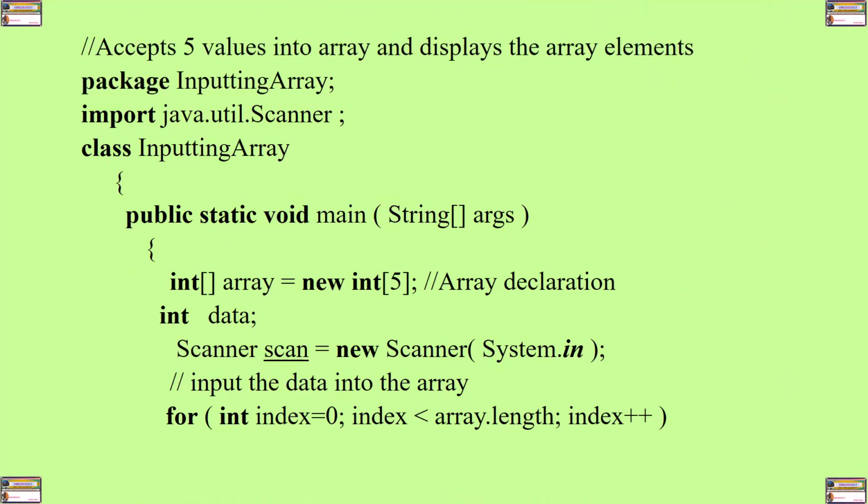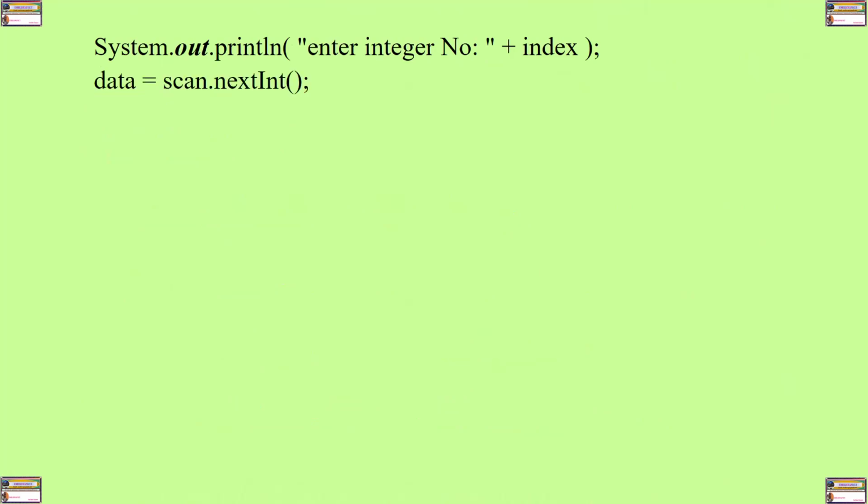If it is true, the compiler will enter into the body and do the following. Prompt the user to enter an integer value for the first index. So it will display, for example, enter integer number 0. And then the user will enter a value. That value will be assigned in the memory location called data.